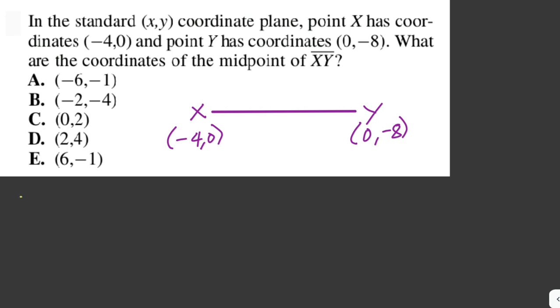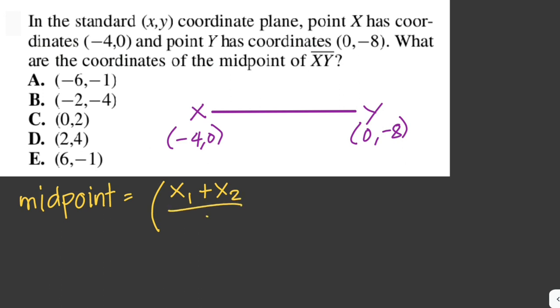So that would be the midpoint. It would just be the average of the x values and the y values. So if this is our x sub 1, y sub 1, and this is x sub 2, y sub 2, then we plug in that here.